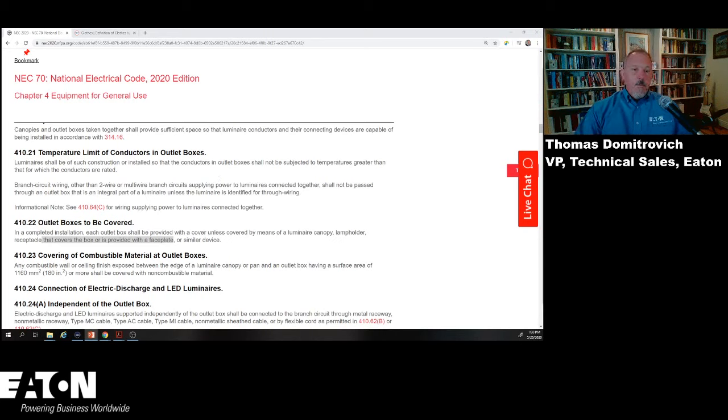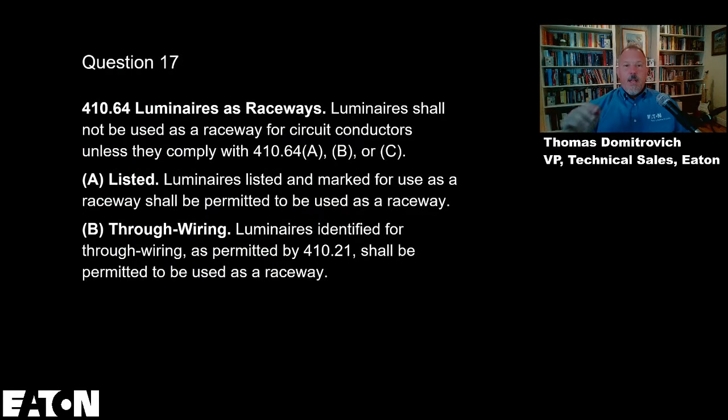So, 410.64 is saying that luminaires shall not be used as raceway for circuit conductors unless they comply with A, B, or C: listed, and then through wiring, identified for through wiring. Luminaires listed and marked for use as a raceway shall be permitted to be used as a raceway.